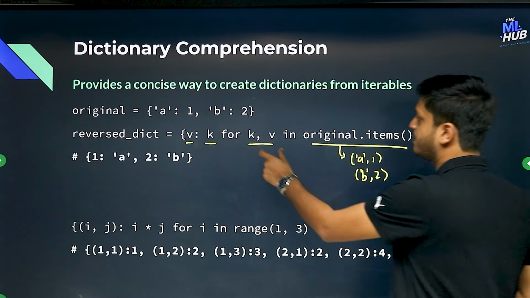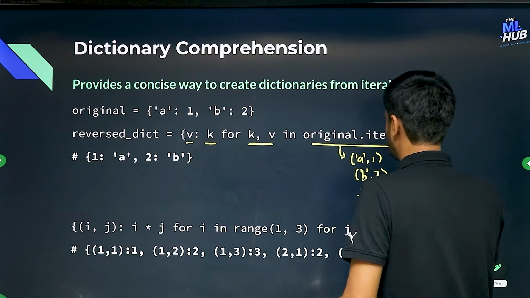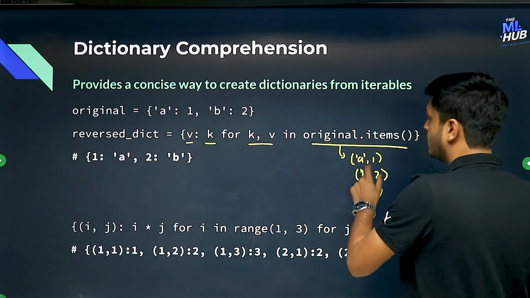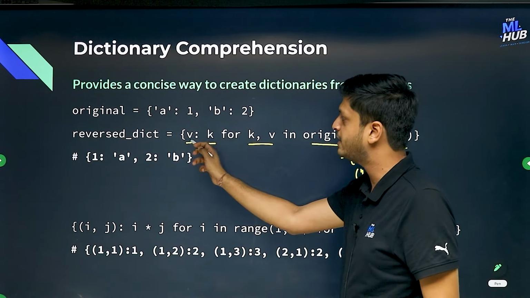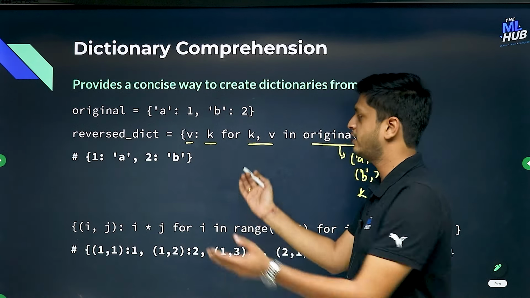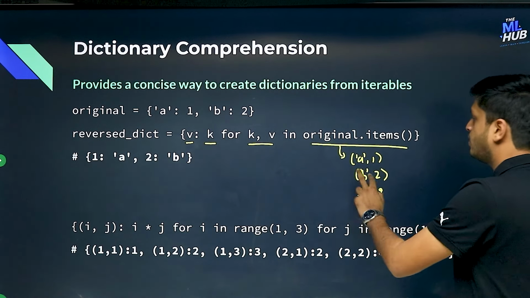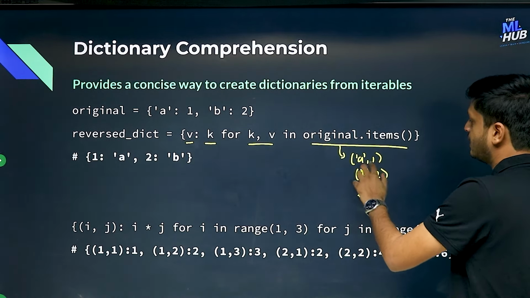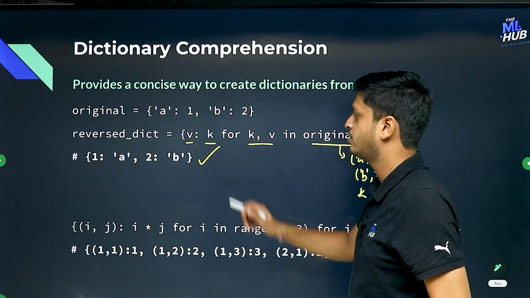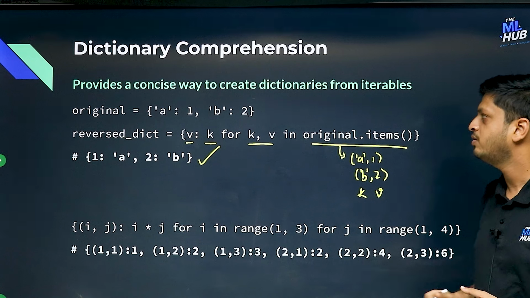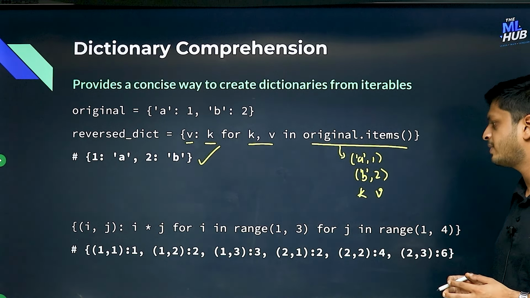And these tuples will be unpacked in k comma v. So k will be the key and v will be the value. And now when we are creating the new dictionary, we are saying v colon k, which means now value will be the key and key will be the value. So we swapped them, and hence now the new dictionary will be created with 1 as the key and a as the value, and 2 as the key and b as the value.